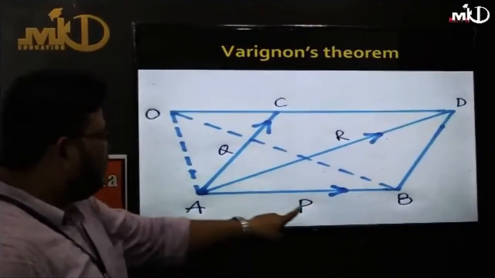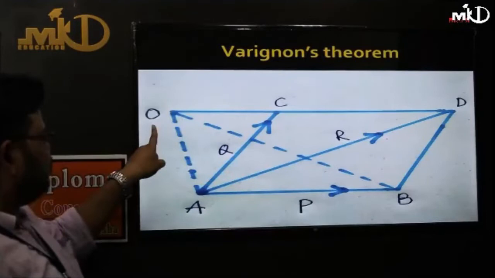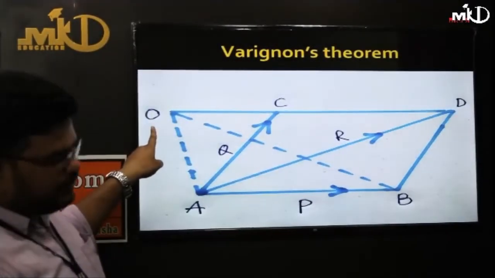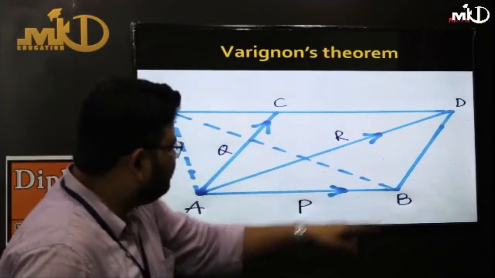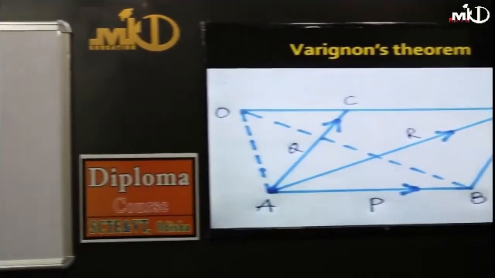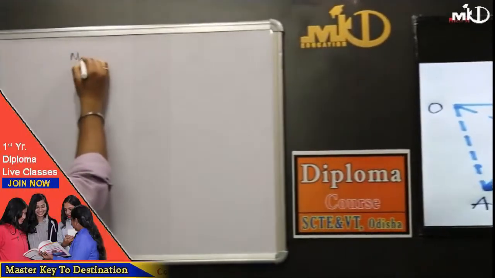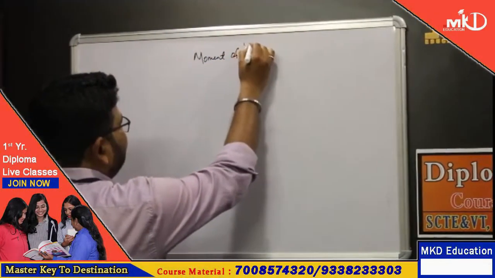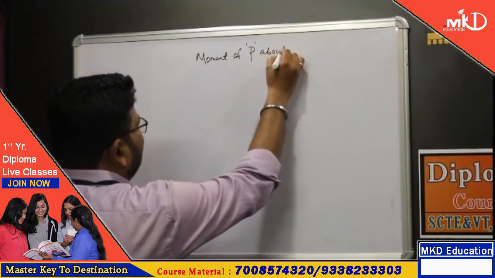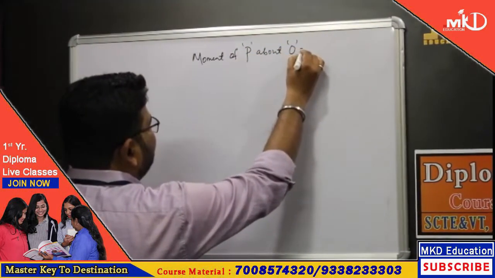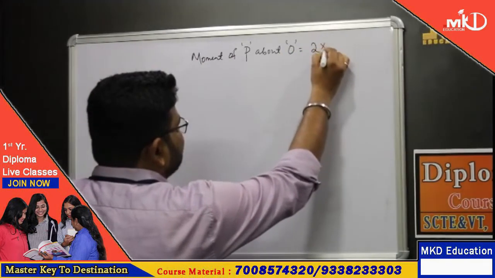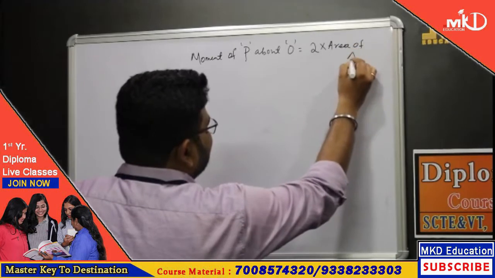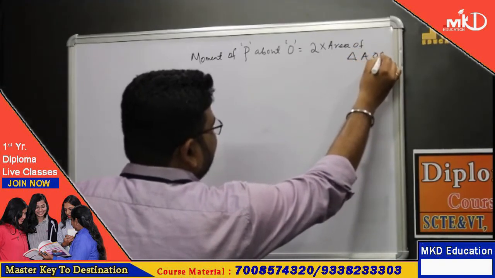So the moment of force P about point O will be equal to twice the area of triangle AOB. That is, moment of P about O equals 2 times area of triangle AOB.